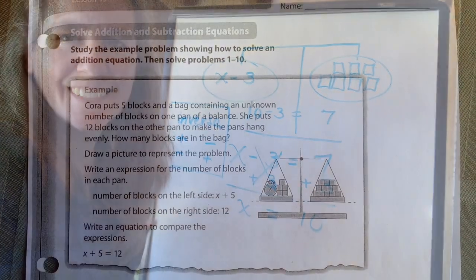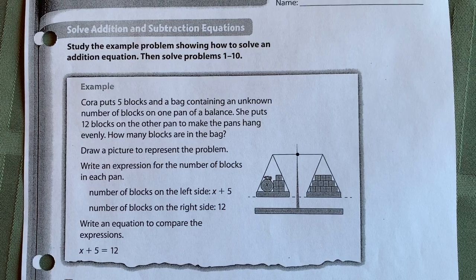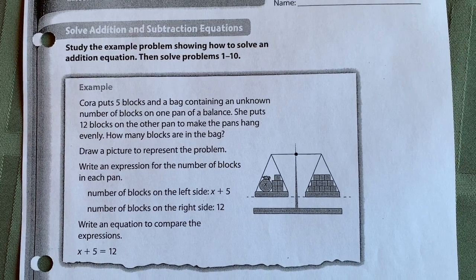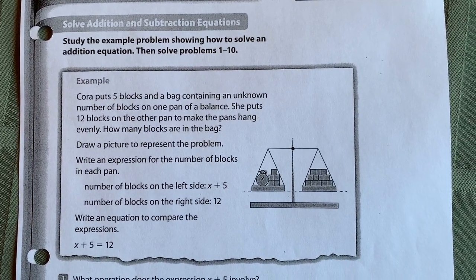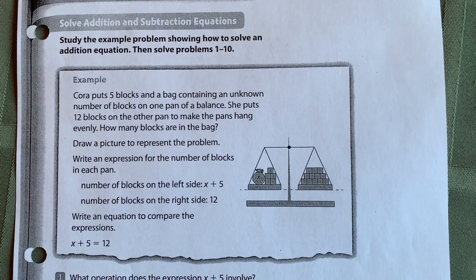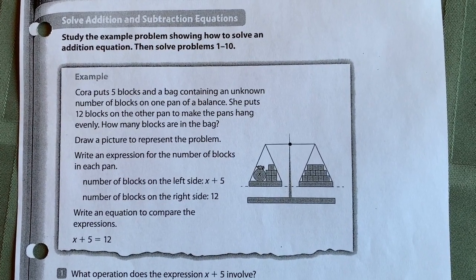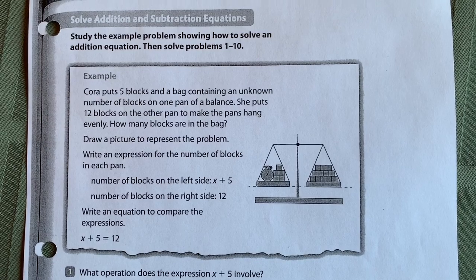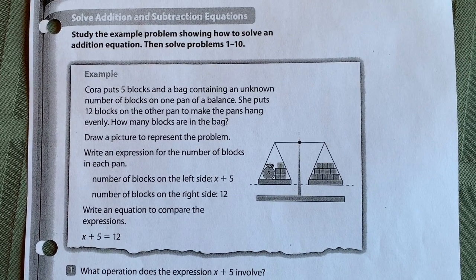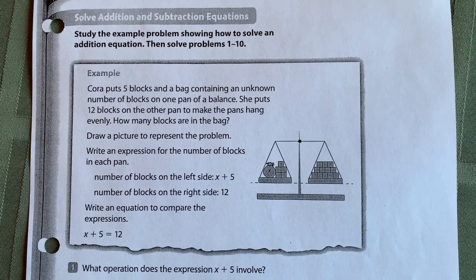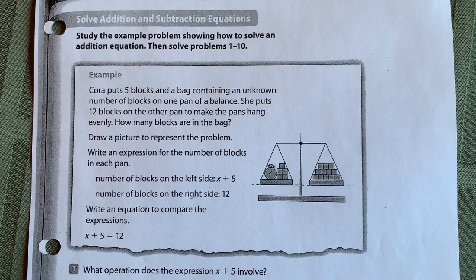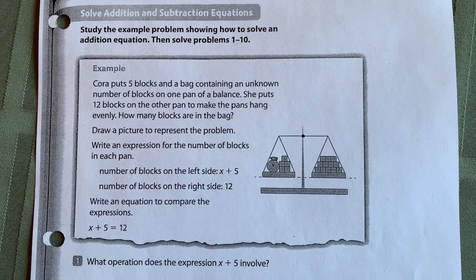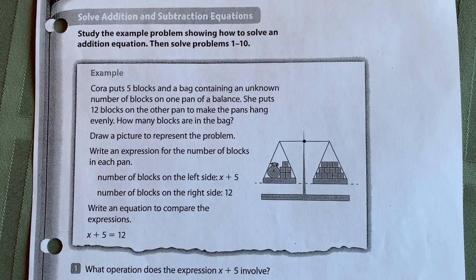Yay! Okay, so here we have our worksheet. In this problem, Cora puts 5 blocks in a bag containing an unknown number of blocks on one part of a balance. She puts 12 blocks on the other part to make the pans hang evenly. How many blocks are in the bag?